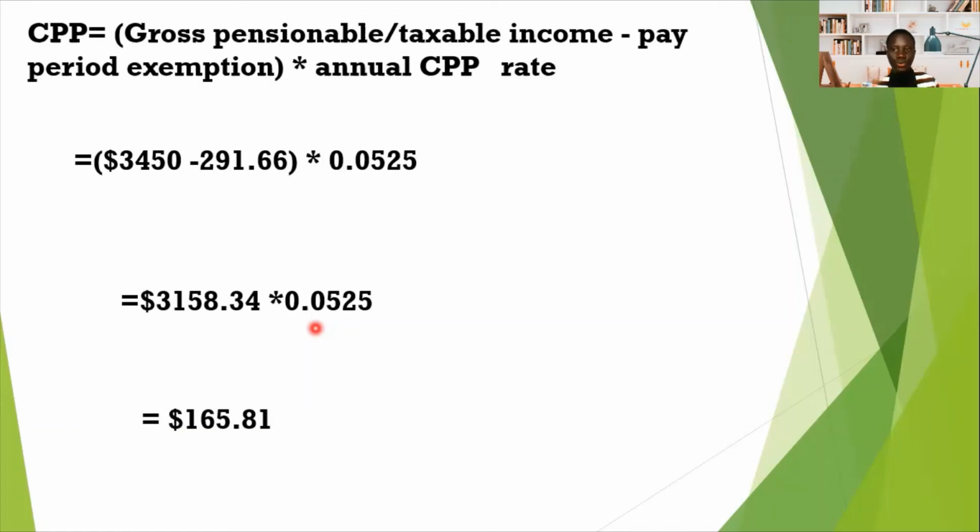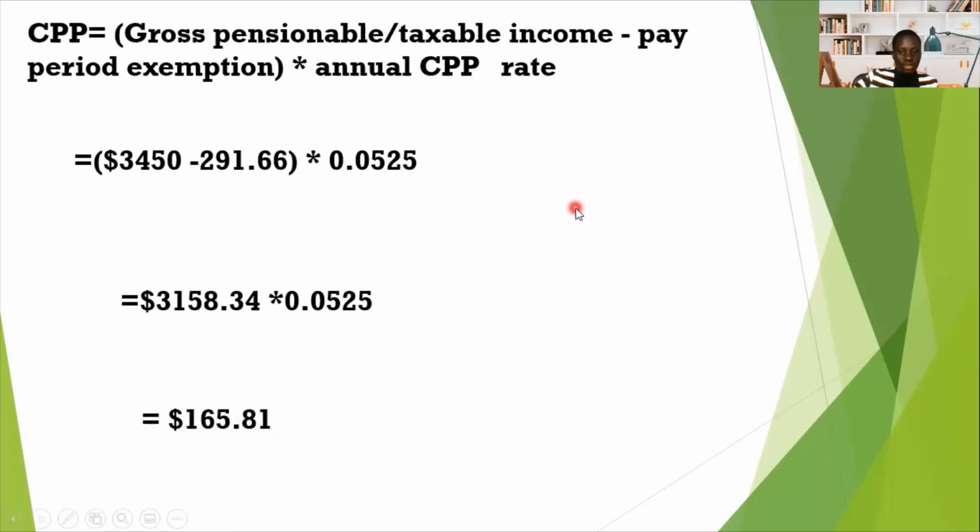If you don't have any allowances or cash taxable benefits, you remove that. Take the 3,000, or the 300, divided by 26, because you're doing bi-weekly or maybe monthly or something like that. So this is the amount of CPP that the company is going to be removing from your paycheck.